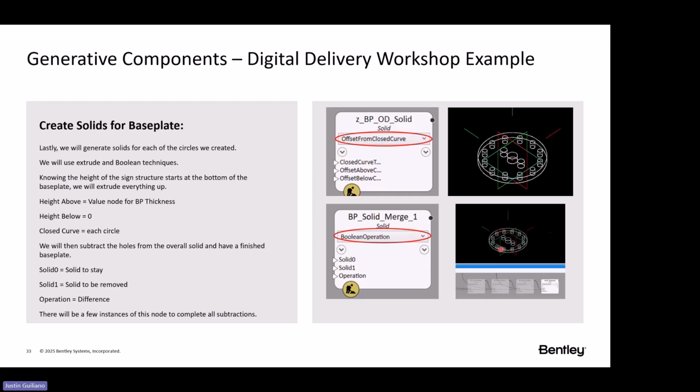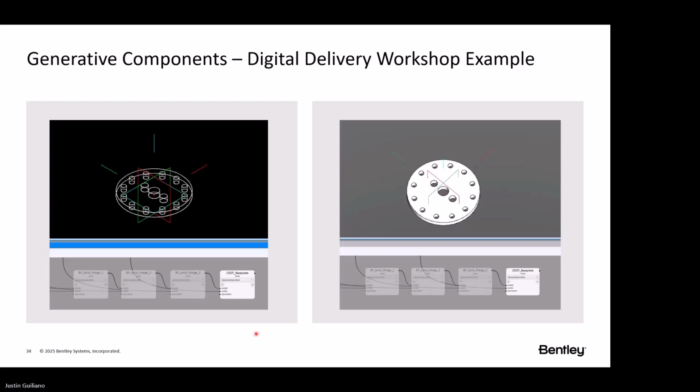So you just work your way down until you have all of the objects subtracted out, and the final product is going to look like this. We had 1, 2, 3, 4 final merges. We took out the holes from the left and right, the center, and then all of the solids generated from that rotation coordinate system. And our final base plate here is what is shown.